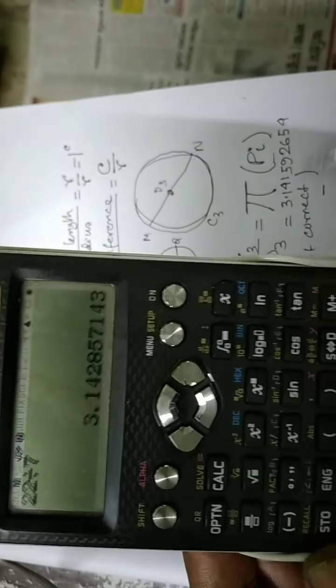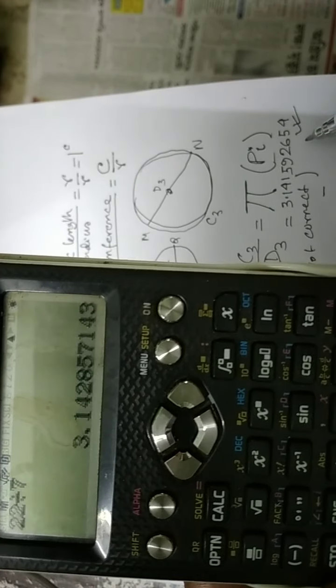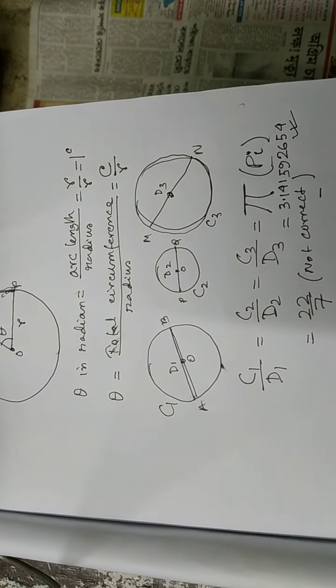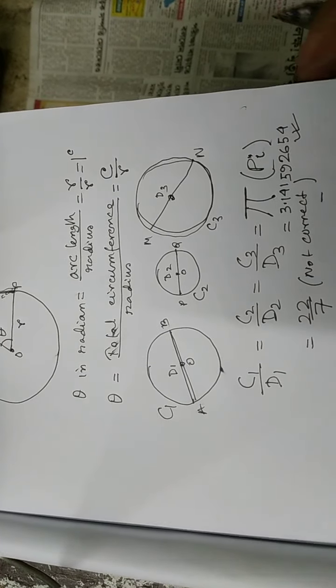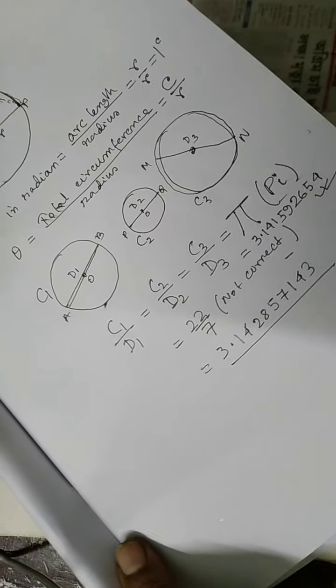This is not equivalent to the actual value of pi. So the actual value of pi is not 22 by 7.